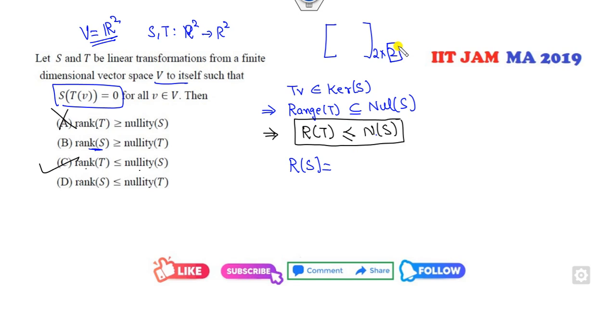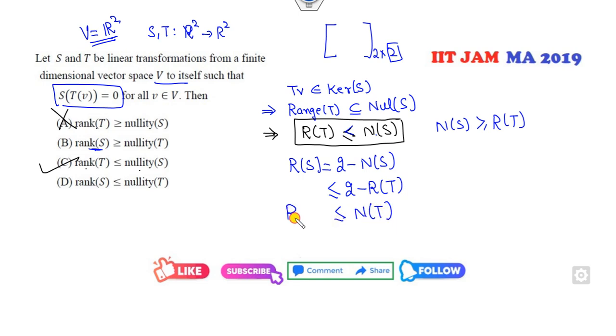Number of columns, which is 2, minus nullity of S. Now nullity of S is greater than or equal to the rank of T. So I can substitute here. It will be less than or equal to 2 minus rank of T. What is 2 minus rank of T? That means nullity of T. Now you can check: rank of S is less than or equal to nullity of T. So C and D are my right answers.